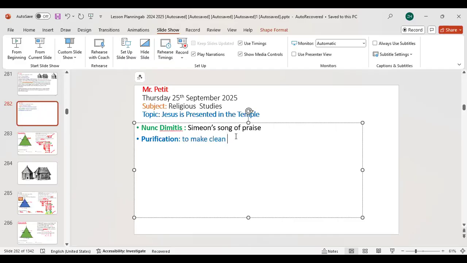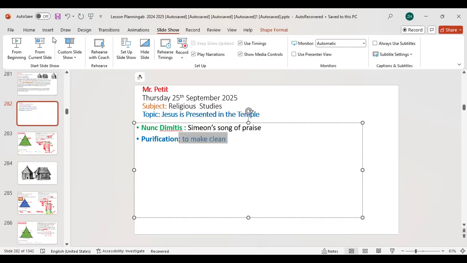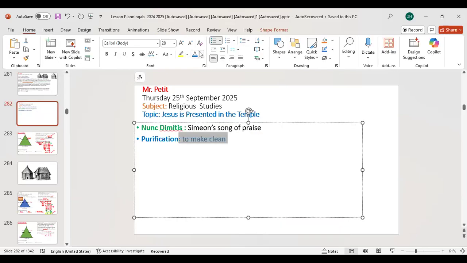All right, then we have another definition: prophetess.